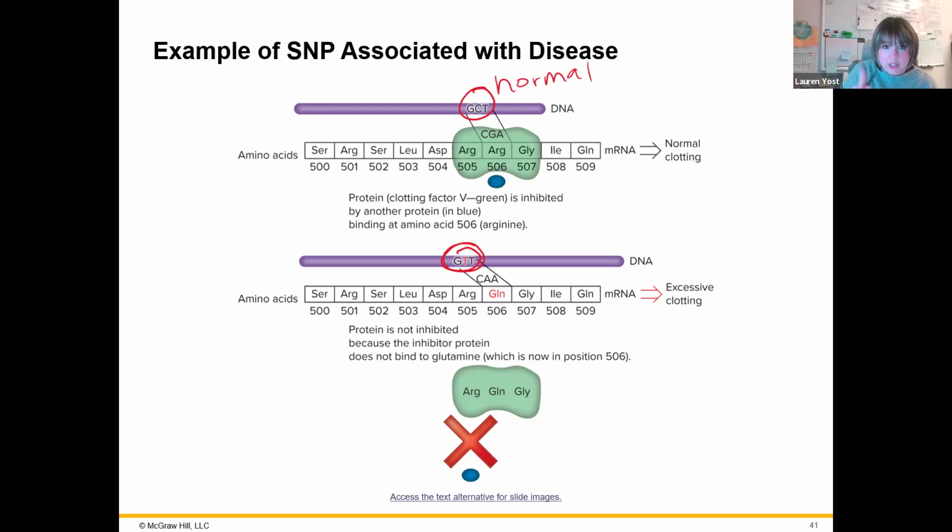One nucleotide got changed. That changed the amino acid. Instead of arginine, we now have glutamine. Because we have glutamine, that protein leads to excessive clotting. The protein is formed incorrectly, and then it has too much clotting as opposed to the appropriate amount of clotting. So that's an example of a single nucleotide polymorphism that could be dangerous for an organism.